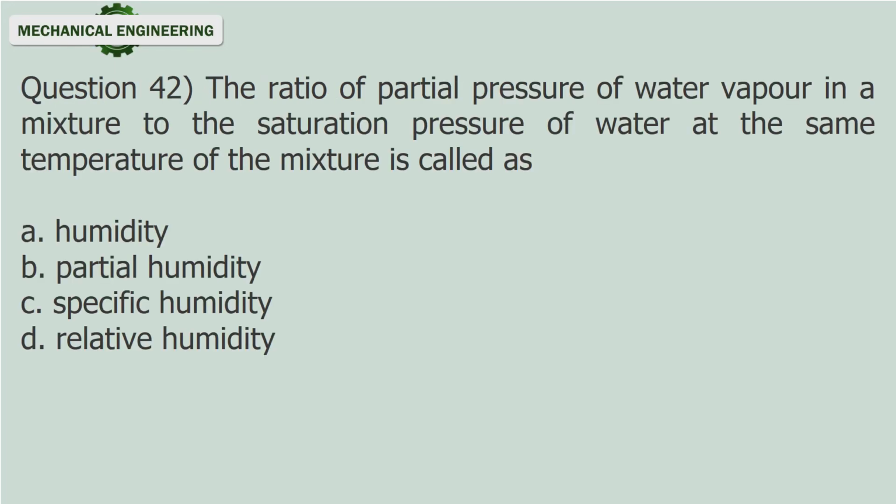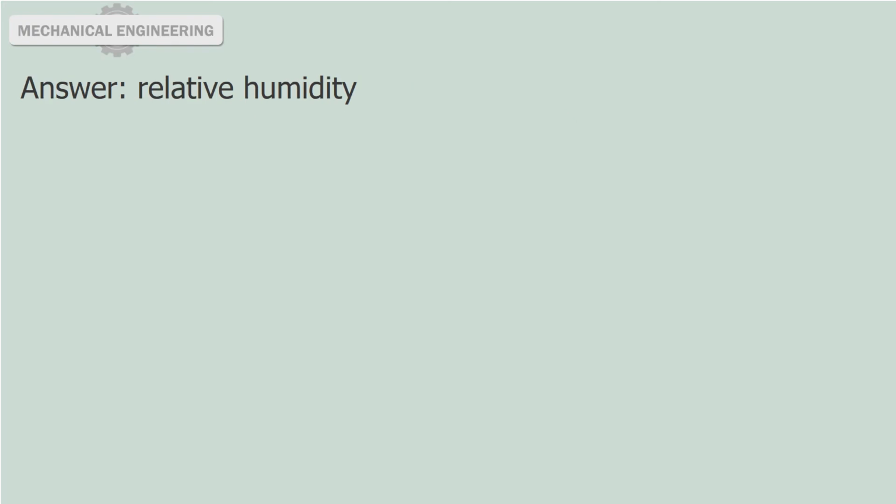The ratio of partial pressure of water vapor in the mixture to the saturation pressure of water at the same temperature of the mixture is called as A. Humidity, B. Partial humidity, C. Specific humidity, D. Relative humidity. Answer: relative humidity.